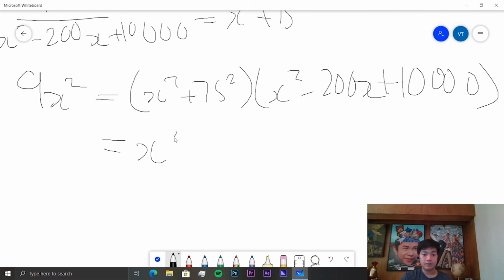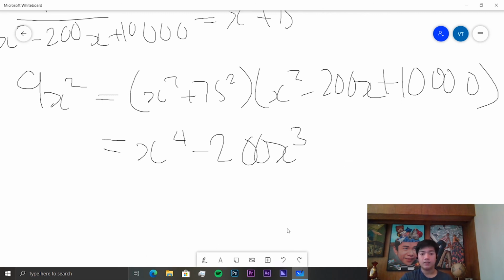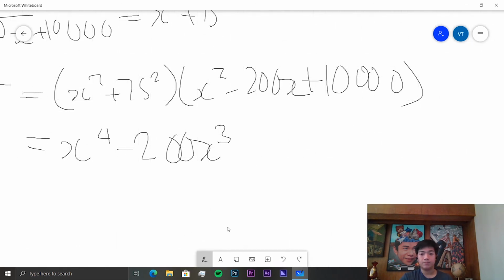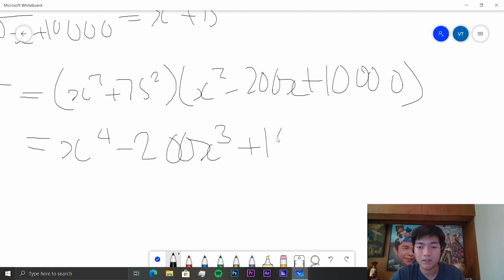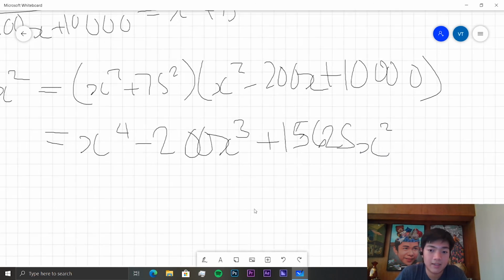So it's x to the 4 minus 200x cubed plus 10,000 plus 75 squared. So 10,000 plus 75 squared is equal to 15,625 x squared, minus 9.